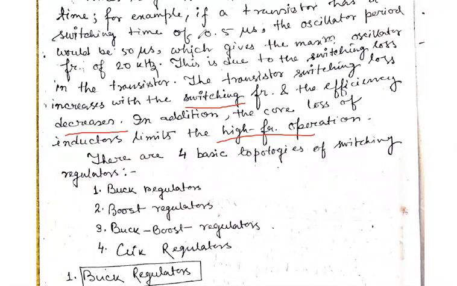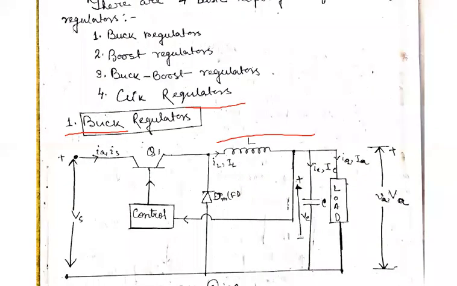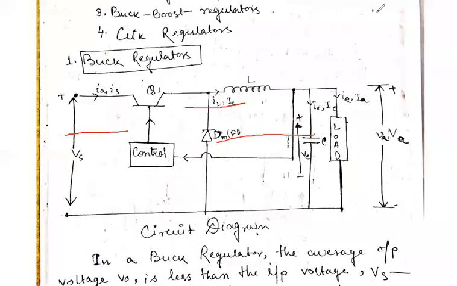So at first we discuss the buck regulator. This is the main circuit diagram of the buck regulator.